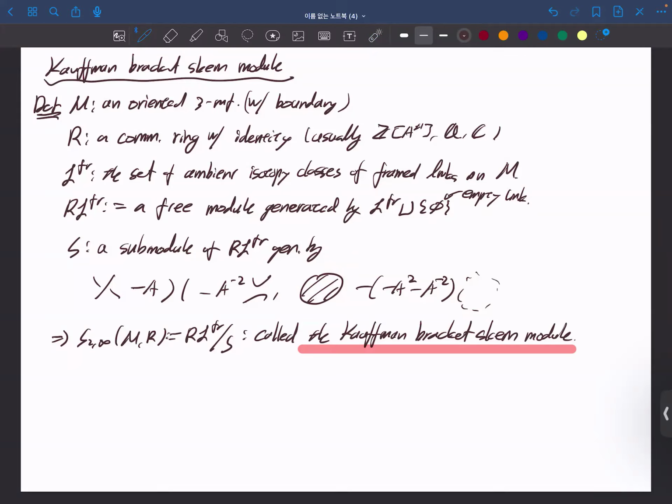So in a three-manifold, a trivial knot means a knot which bounds a disk inside M. So if we have such a component which bounds a disk inside M, then it can be replaced by a coefficient. And this is called the Kauffman bracket skein module.